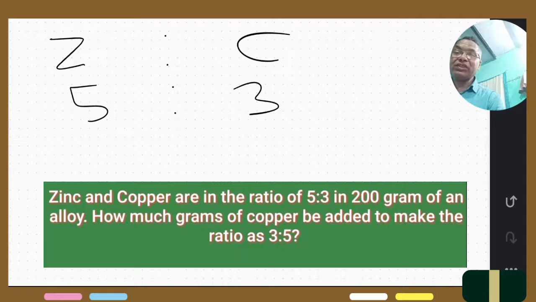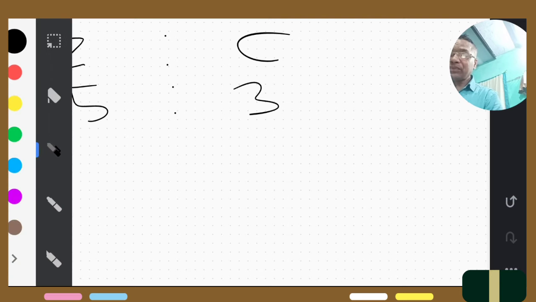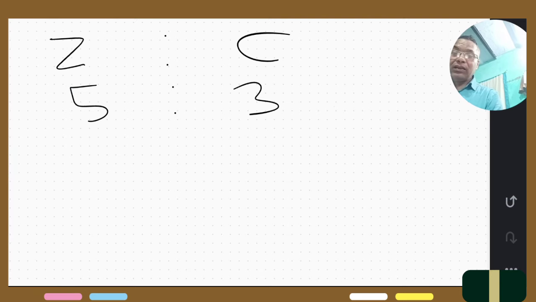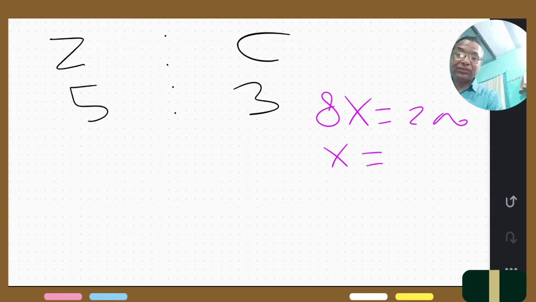200 grams means total 5 and 3, 8 units. 8 units equal to 200 gram. So 1 unit is equal to 25 gram.